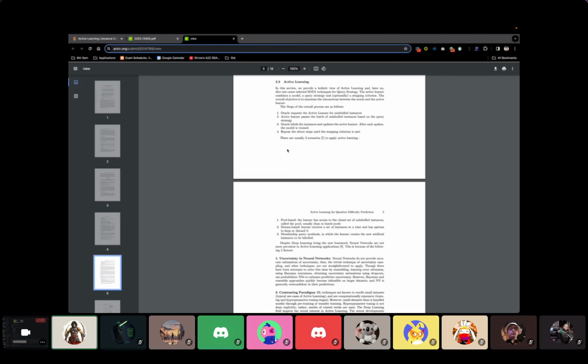The ideal approach is a mix of these two: you select practice questions that are most likely to come, and also consider questions that are relatively hard, because there's no point in practicing easy questions again for the exam you're about to take. So this is basically informativeness and representativeness, also known as the uncertainty versus diversity trade-off.